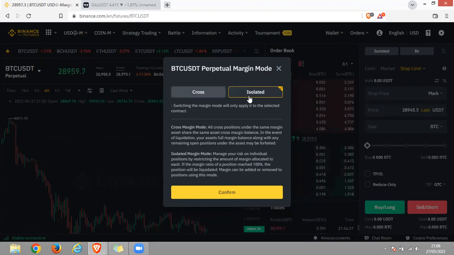Now the difference between the cross and isolated: in cross, I have two accounts. Let's say, for example, I have a bank account I'm using for savings, saving for a particular target. Then I have my account B, which I'm using for spending, the day-to-day running of my activities.